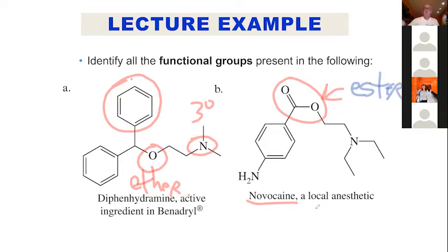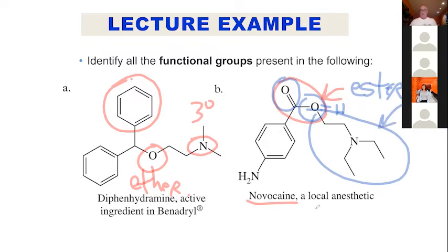Because we have the carbonyl group attached to an oxygen. That means that was a carboxylic acid at one time. But then we replaced that oxygen with the rest of this group here. So some synthetic chemist had a carboxylic acid and probably had an alcohol group at the end there and then put them together.